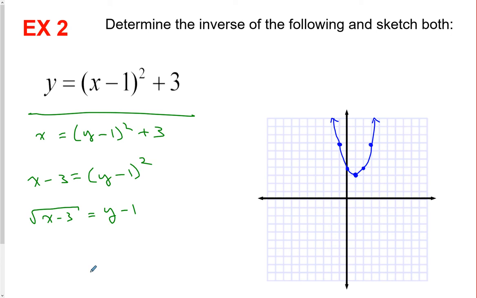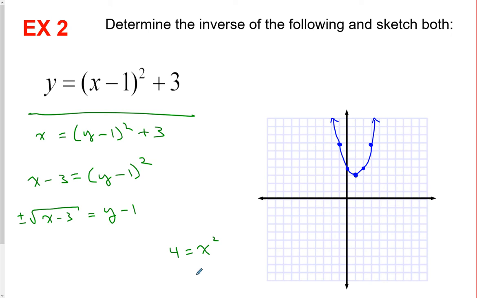But there's a catch. And here's the catch. The square root of something could be positive or it could be negative. And if you're not sure what I mean by that, what if I had x squared equals 4?